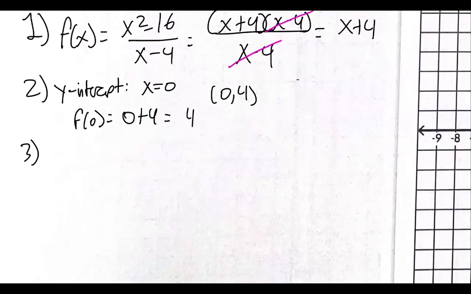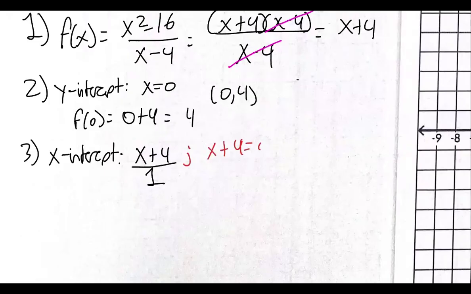Step number 3, the x-intercepts. So we're going to set x plus 4 over 1, right? Because this has an imaginary 1 in the denominator. So that means I can take my numerator, x plus 4, and set it equal to 0. This means that x equals negative 4, y is equal to 0.